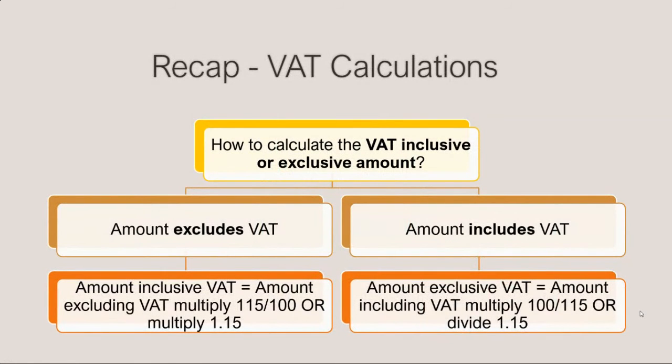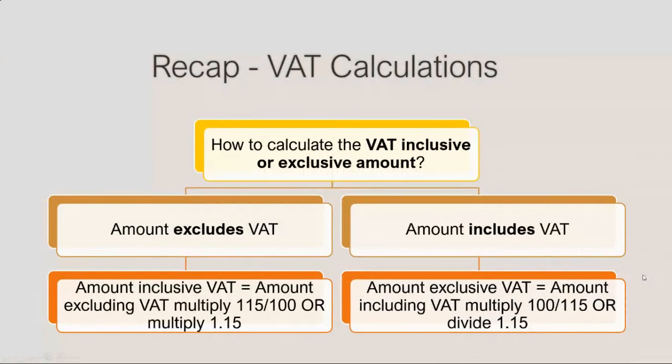Then the VAT calculation, one of the important things when you do the VAT calculations, you need to look out for, is it VAT inclusive? Is it exclusive of VAT? So remember to make a mental note when you do your question, go read. Highlight it to make sure you're working with the correct fraction or formula, which is either over the 115 or the 100, depending on whether your amount includes VAT or excludes VAT.